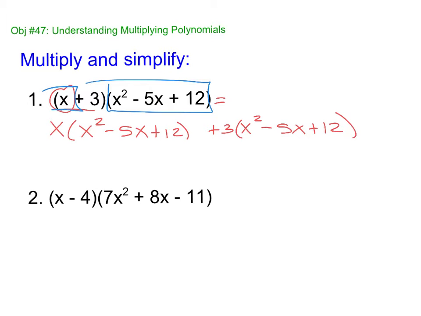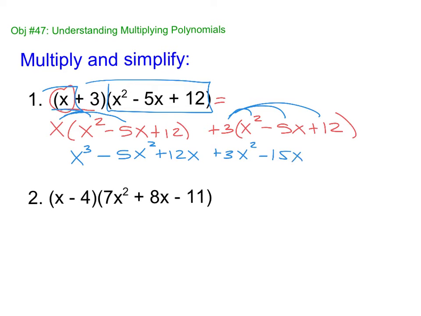What do you get? So we get x times x squared is x cubed minus 5x squared plus 12x. And then I have my 3 that I'm going to distribute: 3x squared minus 15x plus 36.